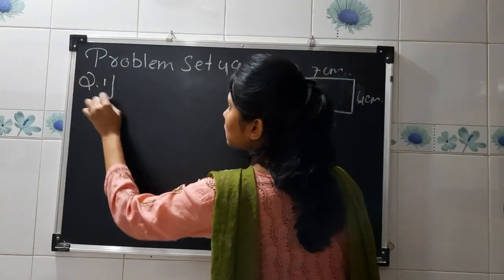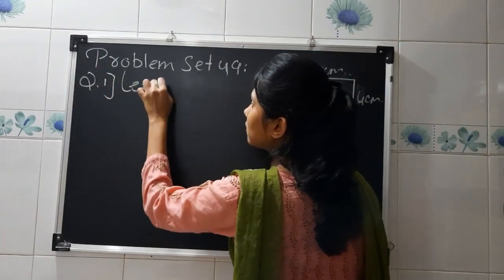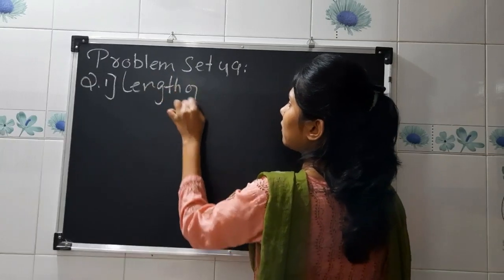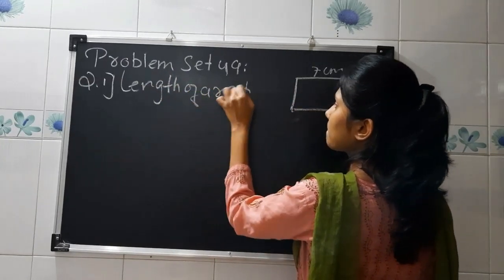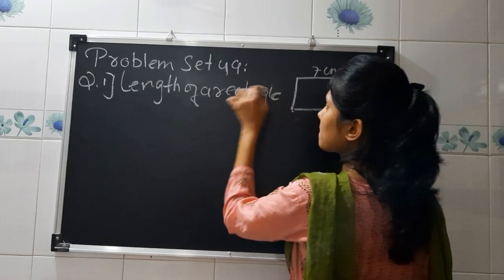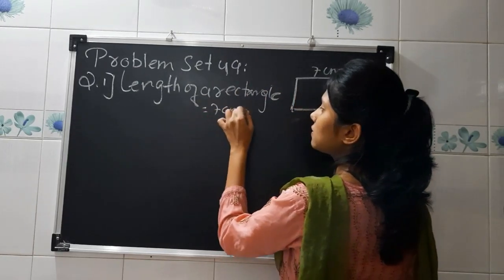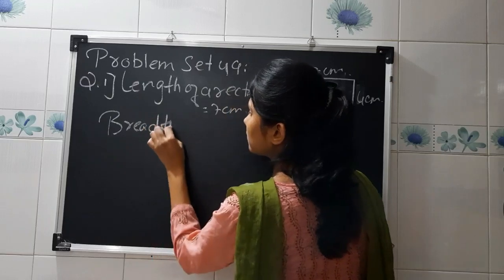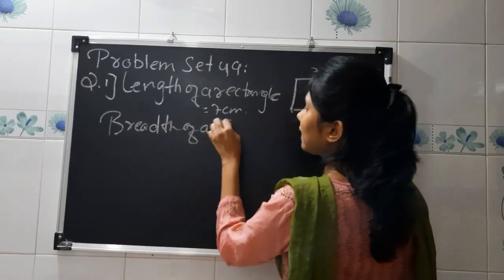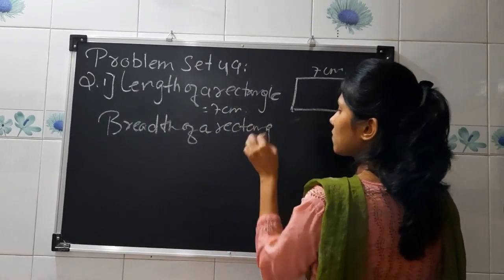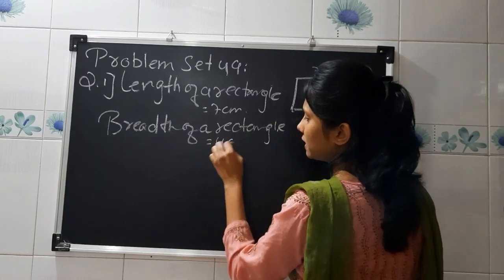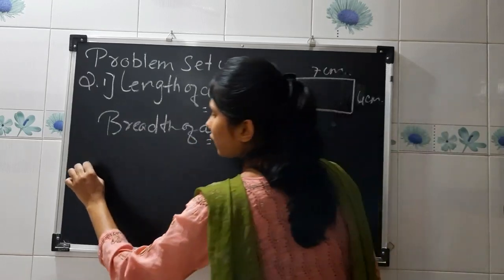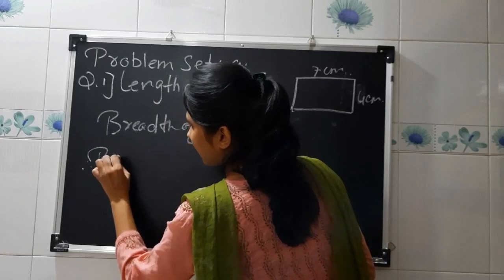Okay, so I have given you length of a rectangle 7 centimeters and breadth of a rectangle as 4 centimeters. So we have to find out the perimeter of a rectangle.